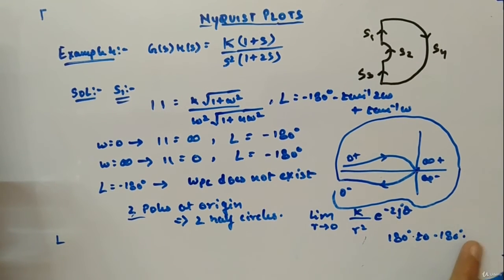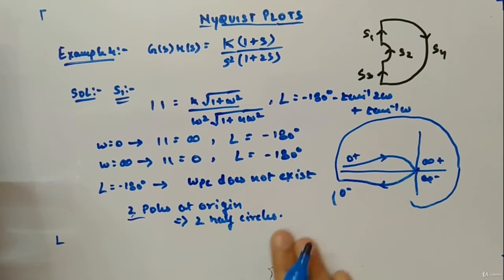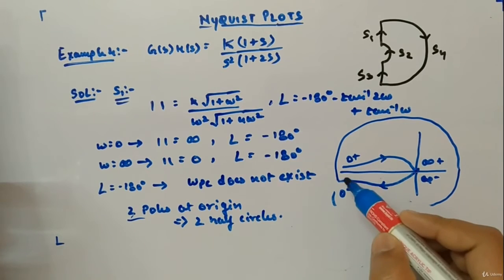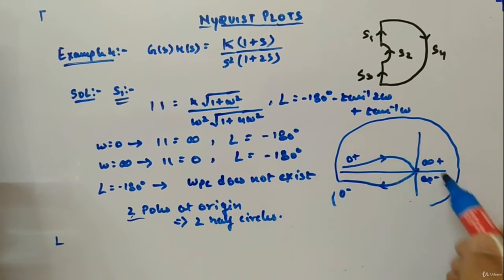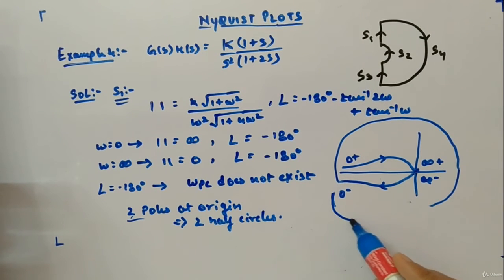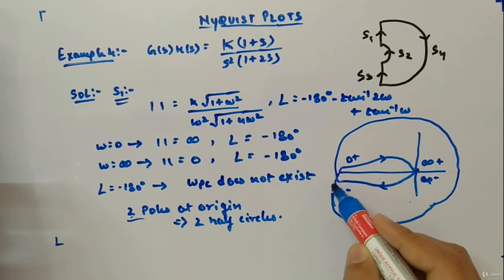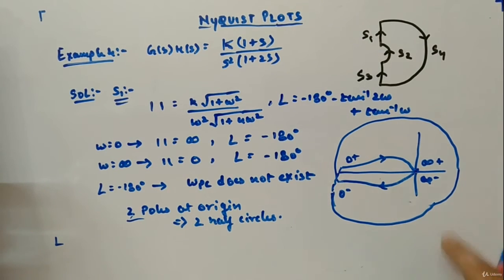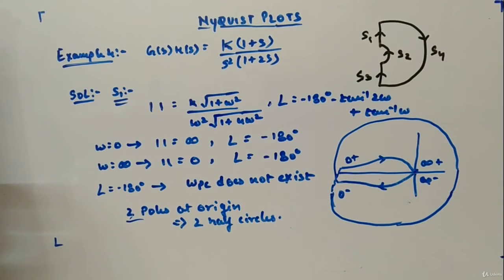So minus 180 to plus 180 to minus 180, I will remove this. So this is plus 180 to minus 180, and this will end here. This is how the curve will look.